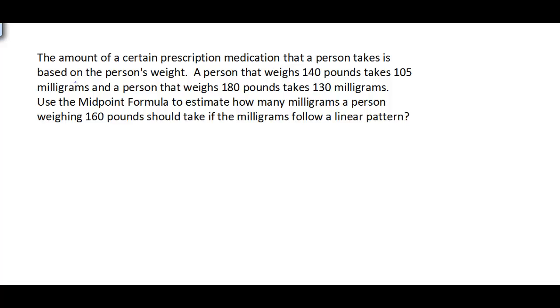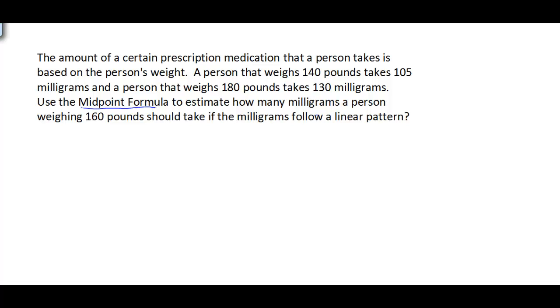All right, our next example. It says that the amount of a certain prescription medication that a person takes is based on the person's weight. A person that weighs 140 pounds takes 105 milligrams, and a person that weighs 180 pounds takes 130 milligrams. It says to use the midpoint formula to estimate how many milligrams a person weighing 160 pounds should take if the milligrams follow a linear pattern.